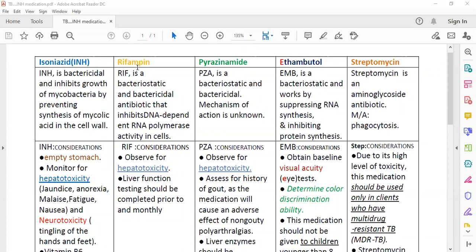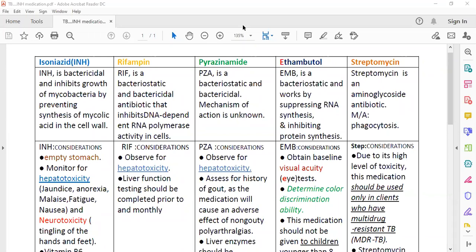Whereas rifampin has both bacteriostatic and bactericidal properties. It inhibits the DNA-dependent RNA polymerase enzyme, because this is the main strength of the bacteria, right? The DNA-dependent polymerase enzyme activity is destroyed. Whereas pyrazinamide is bacteriostatic and bactericidal, and its mechanism is unknown.